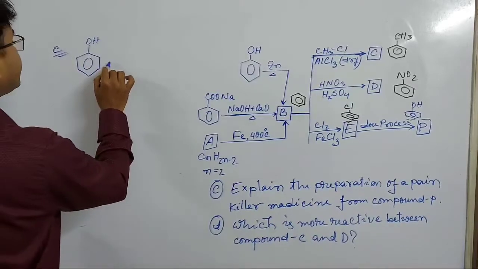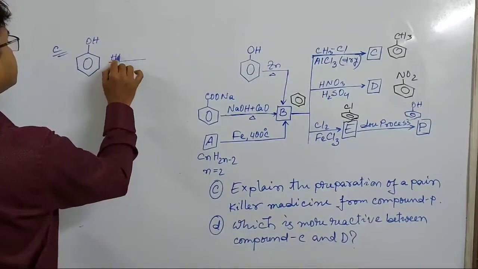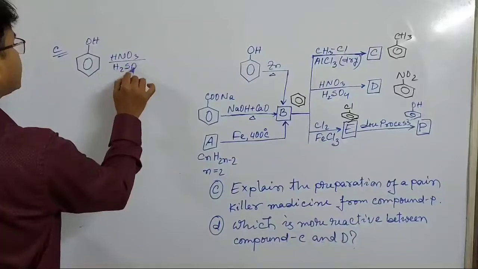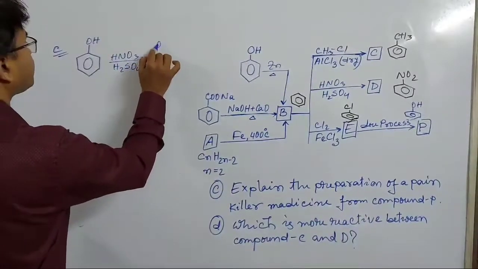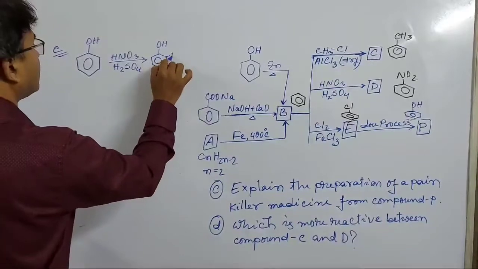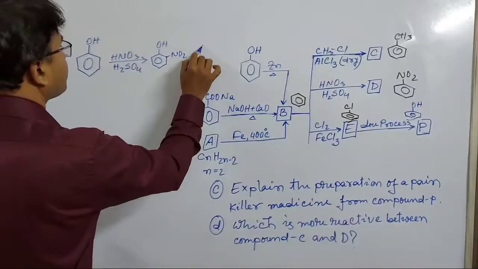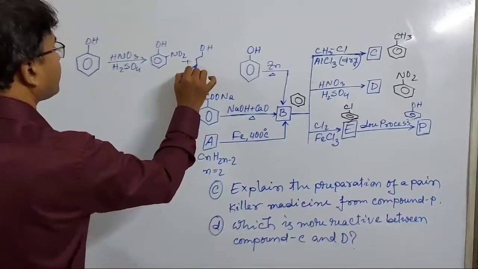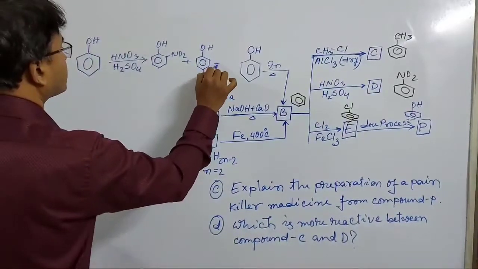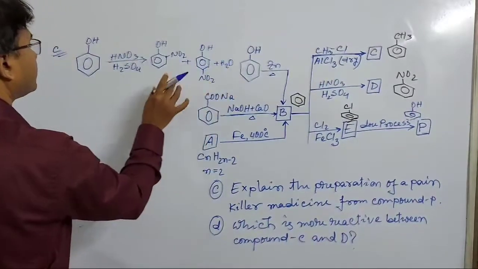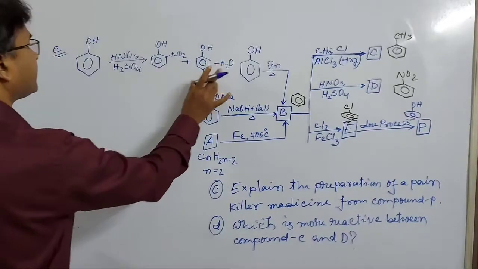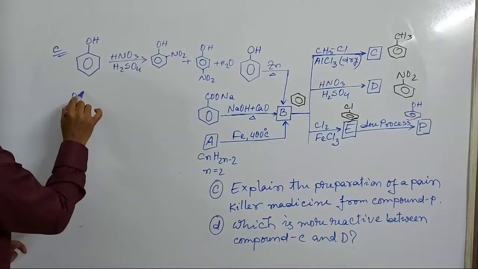Phenol undergoes nitration in the presence of sulfuric acid to produce orthonitrophenol and paranitrophenol. Then by partial distillation, paranitrophenol is separated.